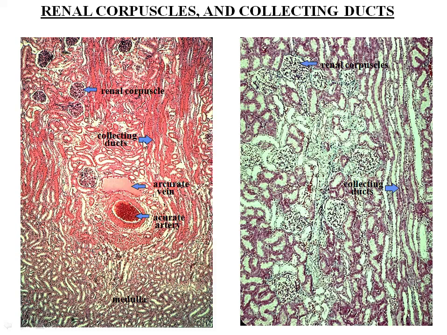Okay, so to distinguish what these structures are, now see here we can see a lot of RBCs accumulated inside, and if you carefully observe, it seems like an artery, a blood vessel, in which a lot of RBCs are trapped.